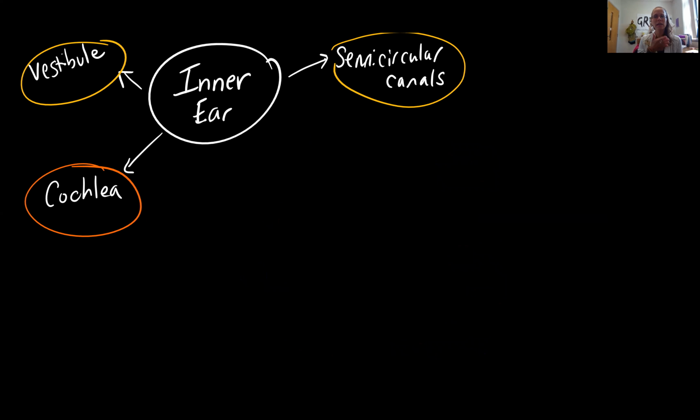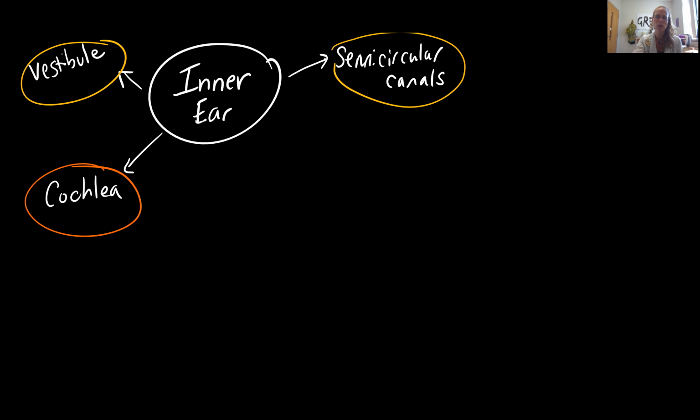Again, the inner ear consists of three distinct structures: the vestibule, the semicircular canals, and the cochlea. The vestibule and the semicircular canals are both involved in detecting the sensation of equilibrium. So that's our next video presentation. The cochlea is, of course, what we're focusing in on here, because this is where hearing is detected.